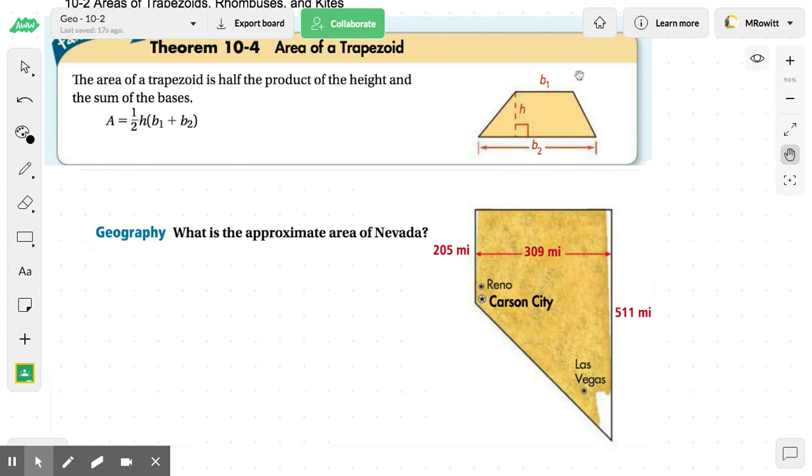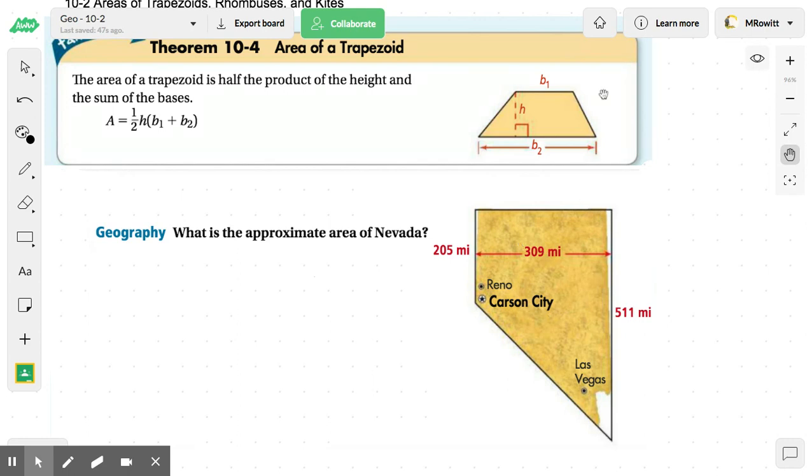I need this formula for a trapezoid because any four-sided quadrilateral, right? Four-sided is quadrilateral. Any quadrilateral that has two parallel sides is a trapezoid. They're asking for the approximate area because, not that we ever really can do geometry by looking at it, it kind of looks parallel, and it kind of looks like a trapezoid. It doesn't matter that this side here is flat. I have two sides that are parallel. That is all I need to have a trapezoid.